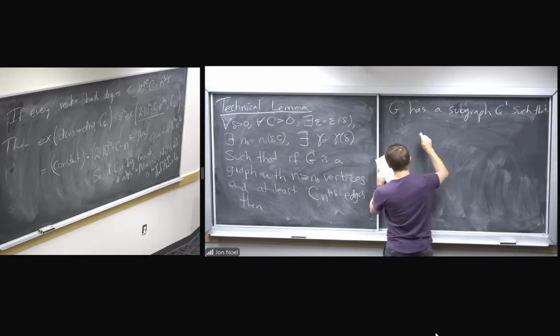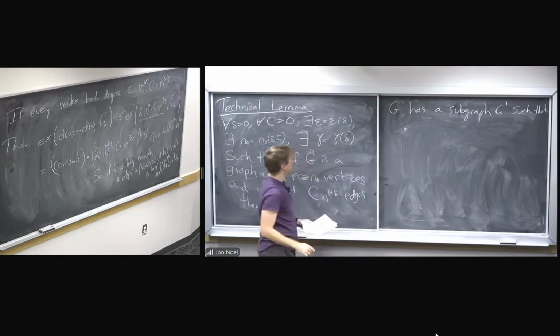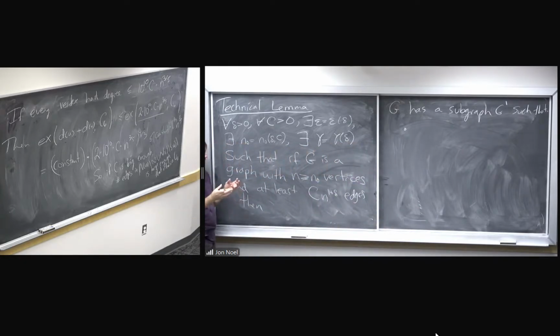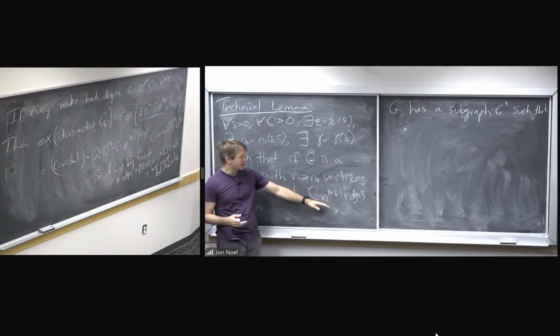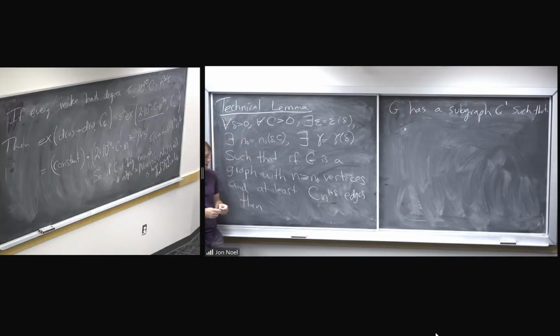so we're going to want 3 different conditions. Basically the idea is we want G prime to also be quite dense, in the sense that it should also have a lot of edges. But it should also have the property that there aren't any very large degree vertices.